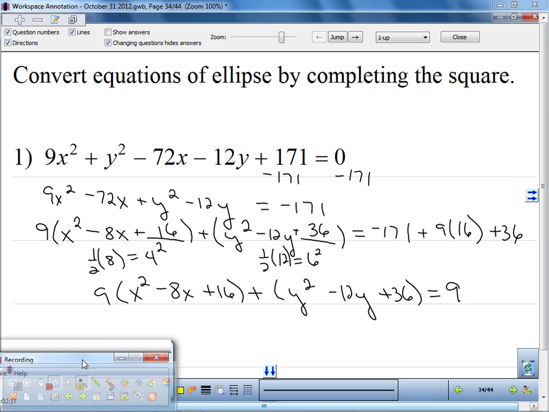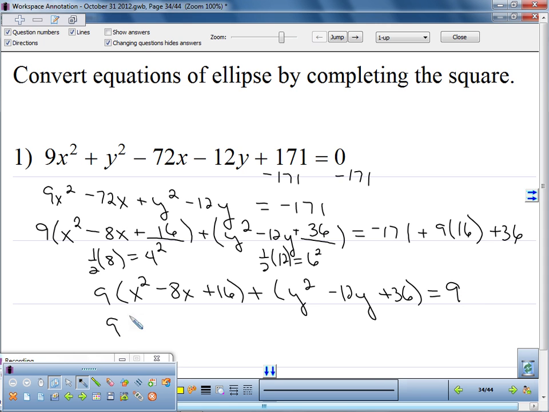Now we're going to put the 9, and then I'm going to write this as a square so that I get x minus 4. The sign is going to come from this term, and then we're just taking the square root of this to get the 4, because this is a square. So x minus 4, if we square all this, we'd end up with this.